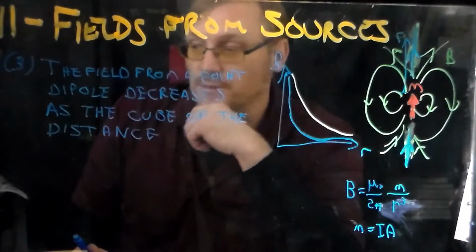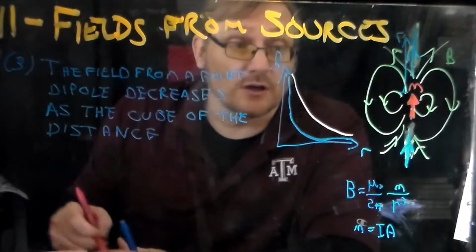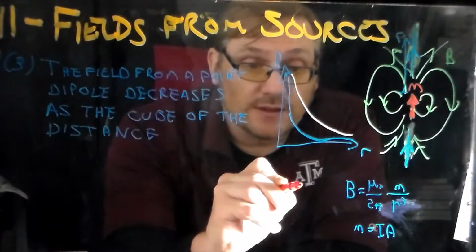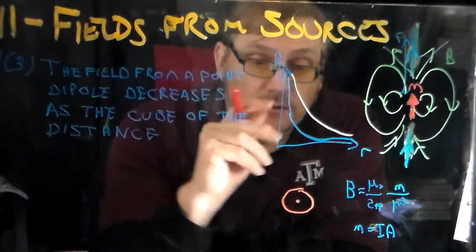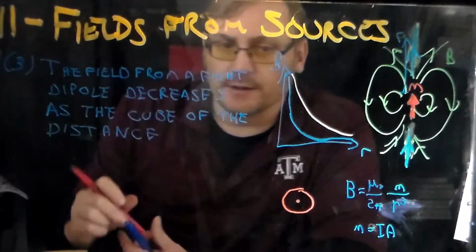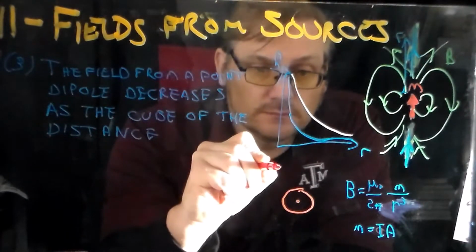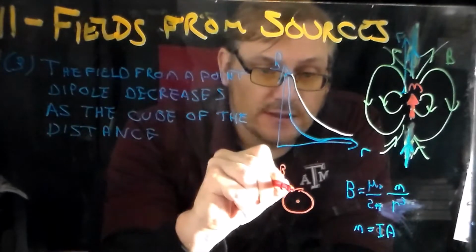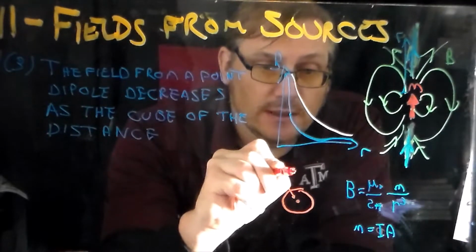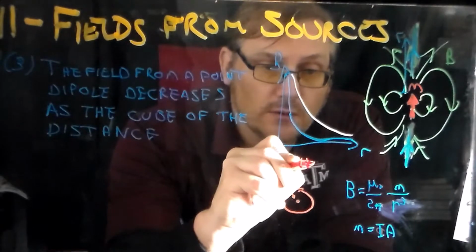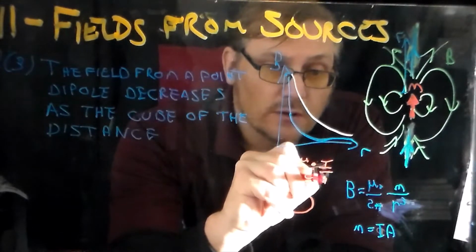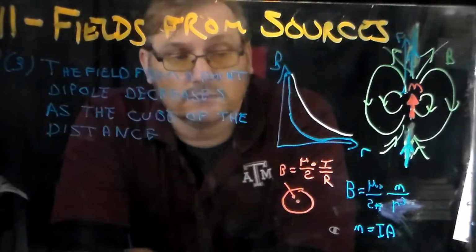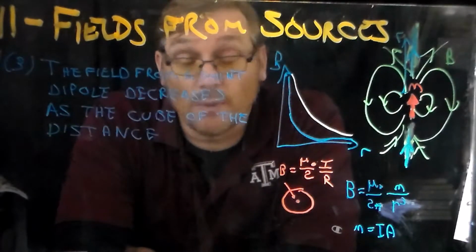Now we want to talk a little bit about this. So what happens there? Well, if we had this circular arc right here, the field at this spot right here has to be mu naught over 2 I over r. Do you remember that one?